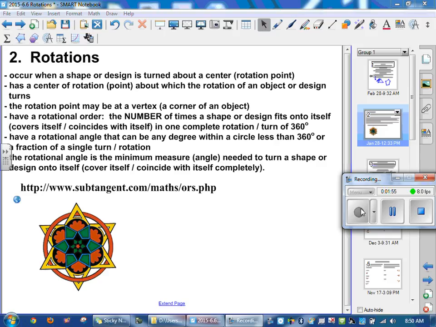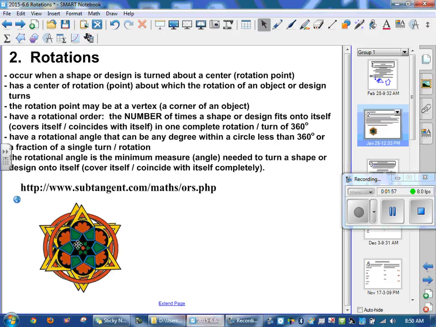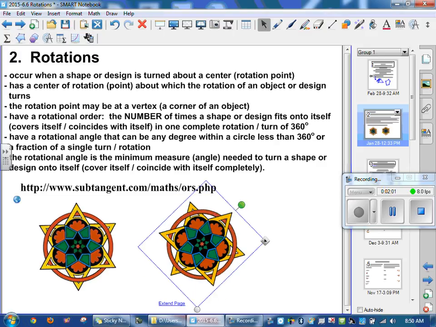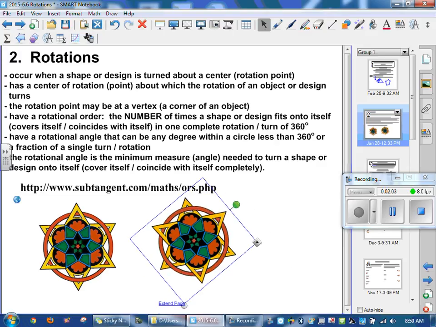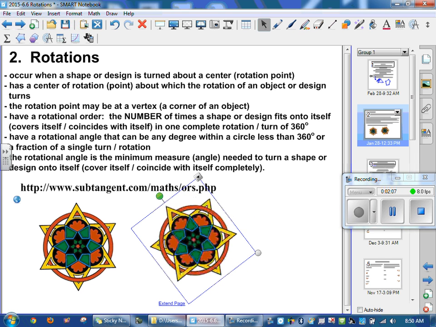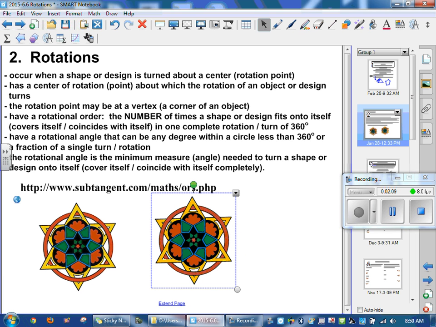Rotational order means if I were to turn this guy round and round, how many times would he start to cover himself? How many times could I turn him before he got back to where he started? That's called rotational order. So, how many times would he cover himself in making one complete turn?